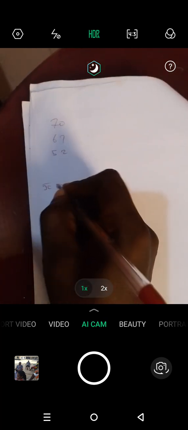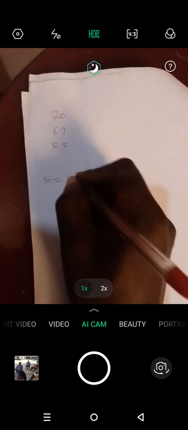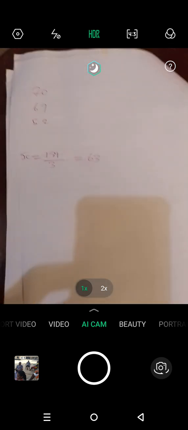How do we find the mean there? We add everything together, which gives us 189 all over, how many are there? 1, 2, 3, all over 3, which gives us 63, and that is the same as the average there. It is also called the mean.